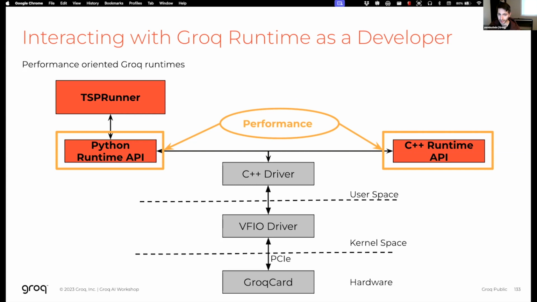The trade-off is that you do need to know a little bit more about the Groq programming model and hardware details, but that isn't information that's difficult to learn, and we have a lot of documentation explaining how that works, so that you can get the maximum performance while running on your Groq hardware.